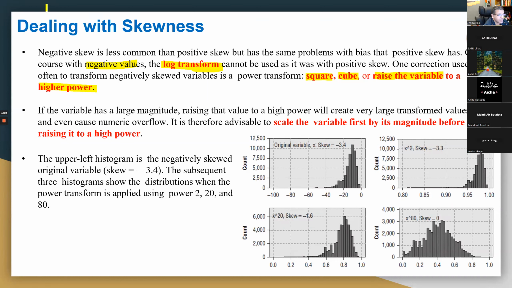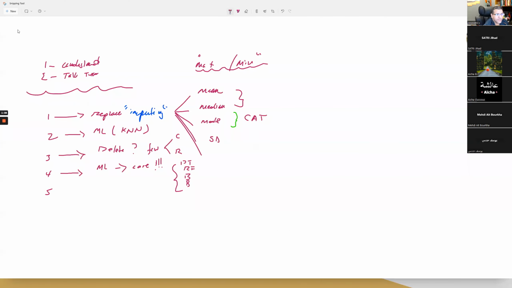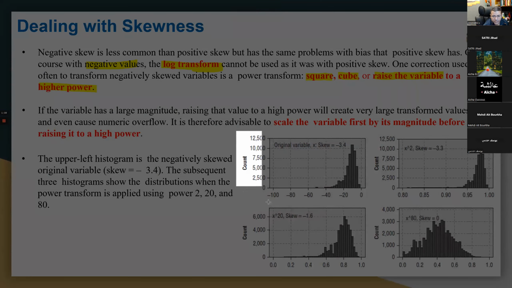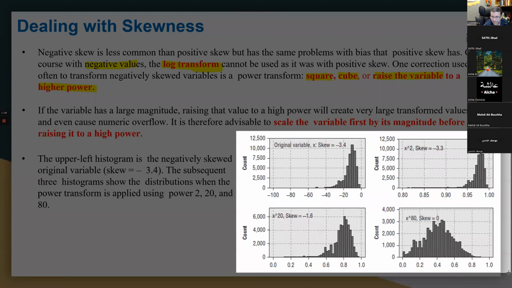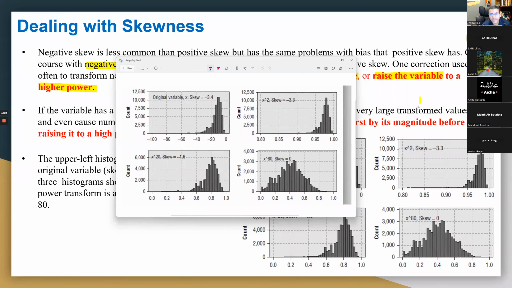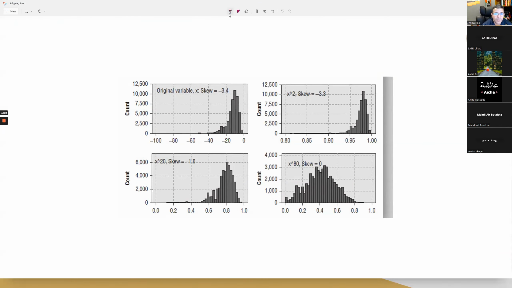This is a very simple example. The skewness we found for x is minus 3.5. So it's skewed to the left, or it's called negative skewness.